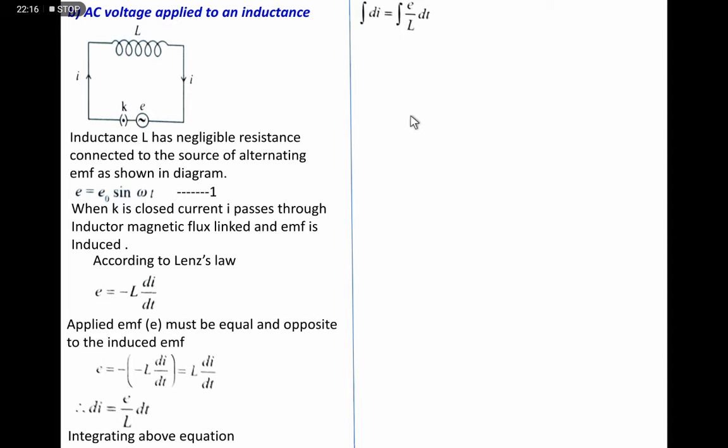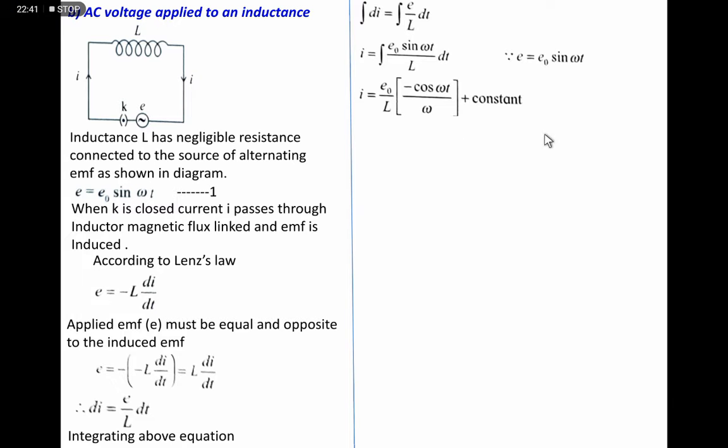Integrate. Now E is equal to E0 sine of omega t. E0 is the peak value, and the inductance is a constant value. Therefore we'll write E naught by L times the integral, minus cos of omega t divided by omega, plus a constant.